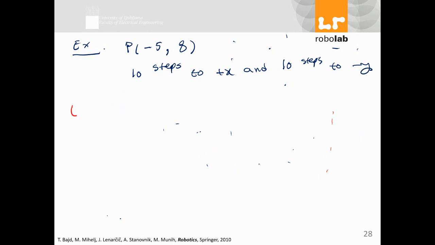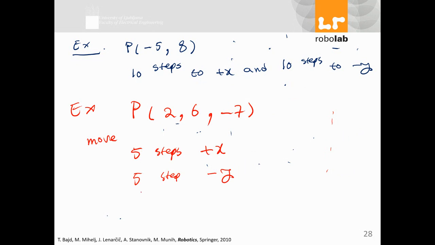If we have a point P at 2, 6, -7, and we move it 5 steps in positive X, 5 steps in negative Y and 5 steps in positive Z, that will give me P prime as 7, because 5 steps positive. Subtracting 5 will be 1, and adding 5 will be negative 2.